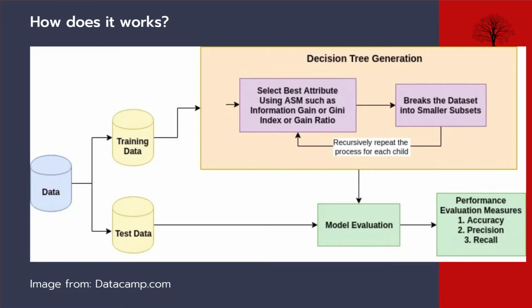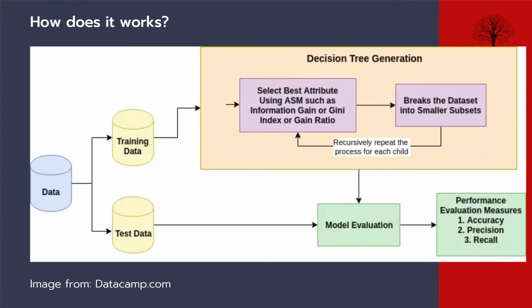Then we make that attribute a decision node and break the dataset into smaller subsets, and we start building the tree model by repeating this process recursively for each child until one of the conditions matches: all the tuples belong to the same attribute values, or there are no more remaining attributes, or there are no more instances.